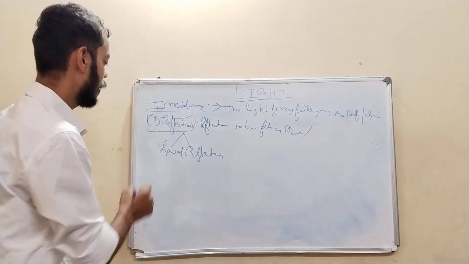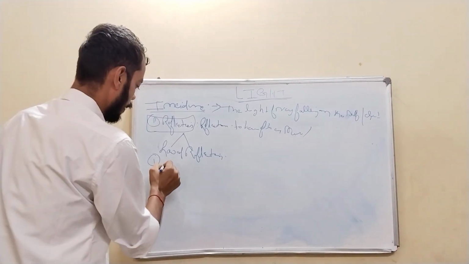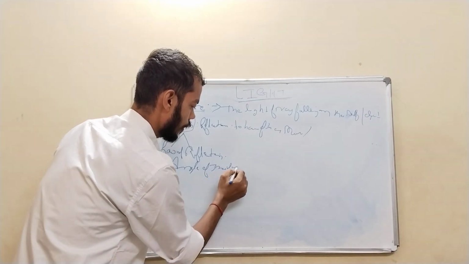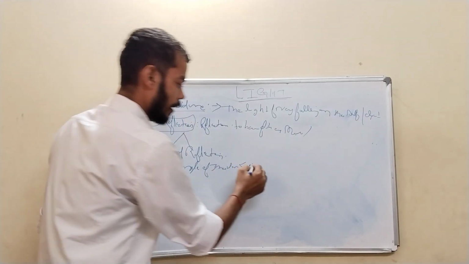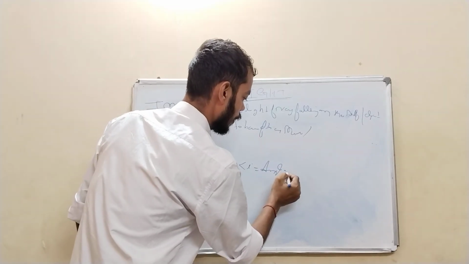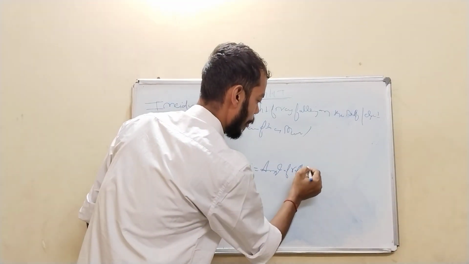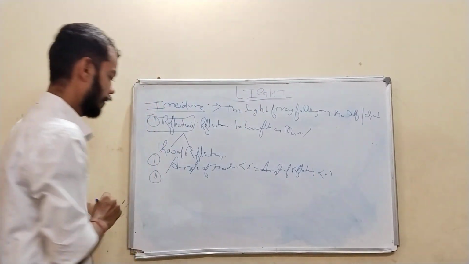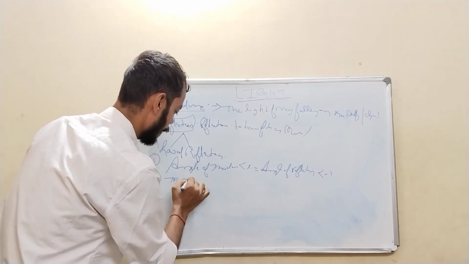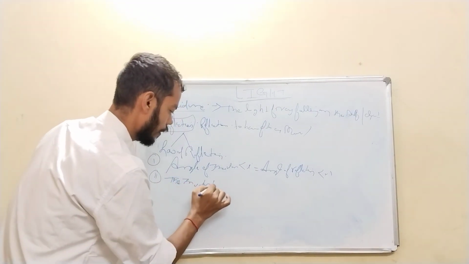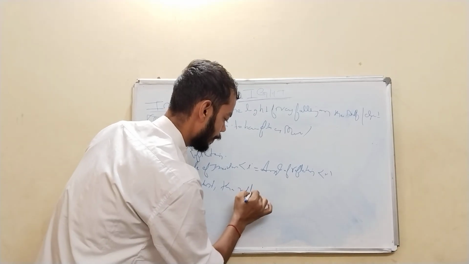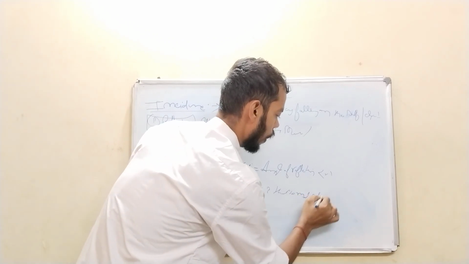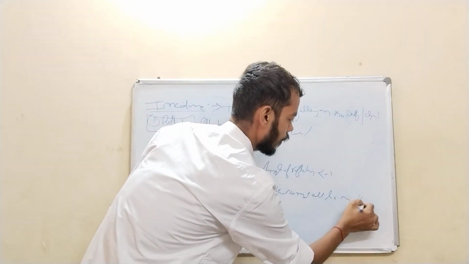According to the laws of reflection, the first law is that the angle of incidence, which is denoted by angle I, is equal to the angle of reflection, denoted by angle R. The second one is that the incident ray, the reflected ray, and the normal ray all lie in the same plane.